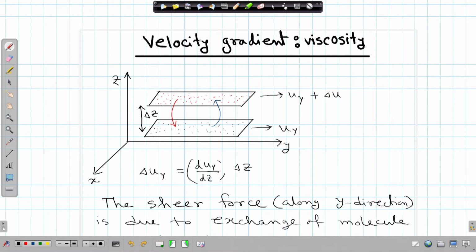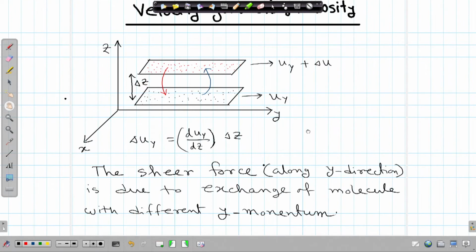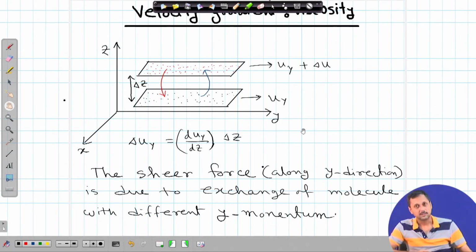So, velocity gradient essentially talks about a momentum gradient, but that is okay. We will do it like this only, right. So, now in this case first up we have to understand what we mean by viscosity, what is the origin of viscosity. See, the viscous forces are basically the forces between 2 adjacent layers.